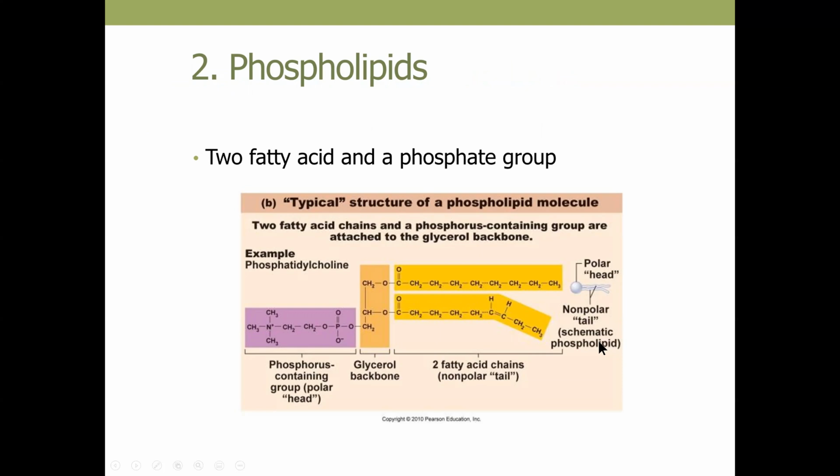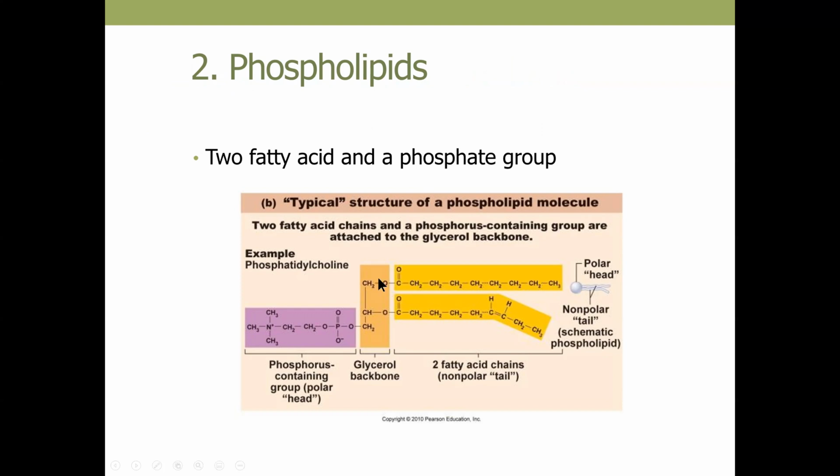Next, we'll talk about phospholipids. Phospholipids are very similar to the triglycerides. Let's look here. This is a glycerol backbone. We have 2 long-chain fatty acids. One here is a saturated fatty acid. One is an unsaturated.